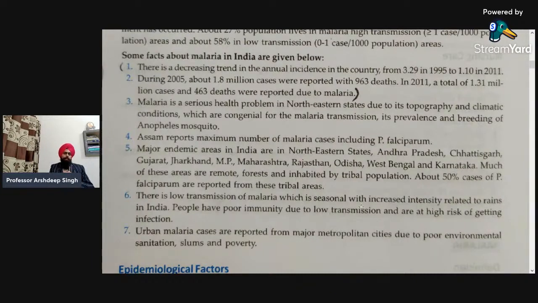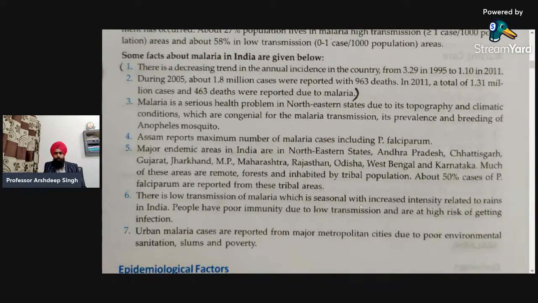Because the problem in India is overpopulation, and due to overpopulation there is a second problem, the maintenance of sanitation. The main causes of this disease are stagnant water and poor sanitation. That is also a major problem for India and a major causative factor for malaria. So these are interrelated factors, and this is the reason why malaria cases are very high in India.